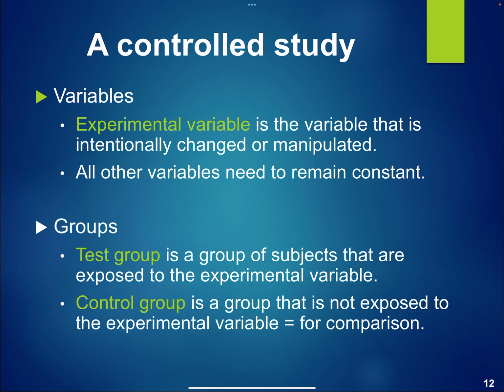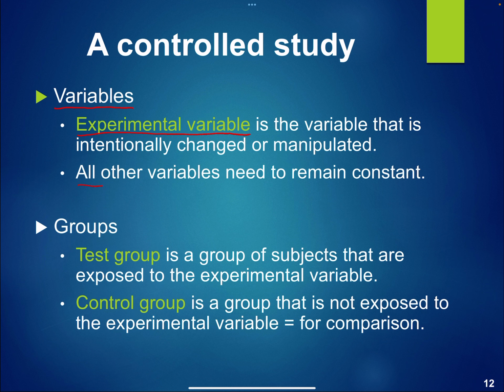So now, one term we are introducing here and that I want you to remember is the concept of variable. Here we have the experimental variable, which is the variable that is intentionally changed in an experiment. In this particular case, the variable is going to be the antimicrobial, the antibiotic, right?